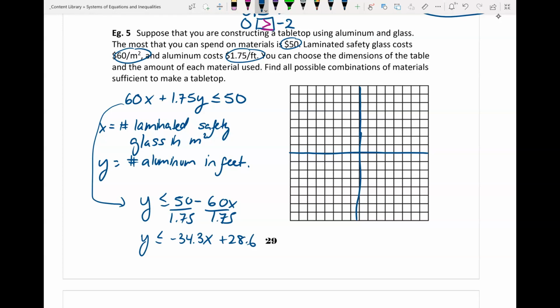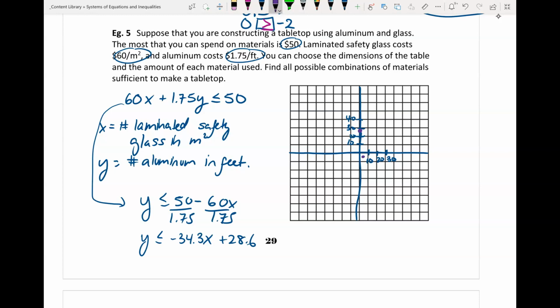Now, I know it's going to be a little weird to graph because we are graphing with decimals, but we're just going to do everything approximately. So I'm going to go up by tens here. And then I'm going to graph the y-intercept, which is about 28.6. It'll be somewhere around here. And then our slope is down 34 over 1. It's going to look something like this.